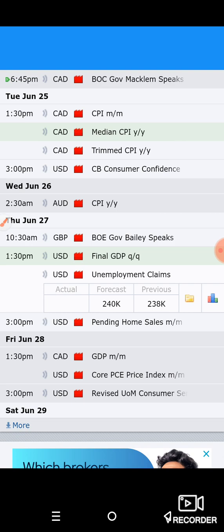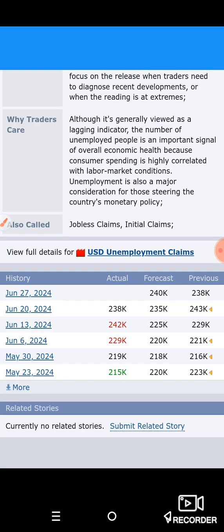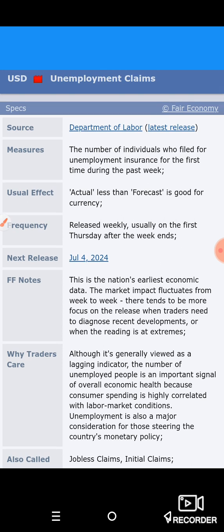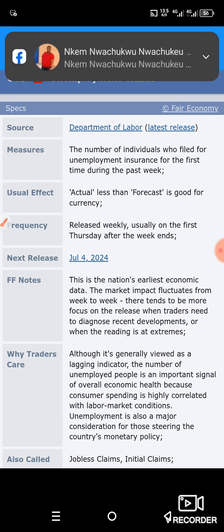What works here is if actual is lesser than forecast, is good for the currency. Yes, on jobless claims or initial jobless claims, if actual is lesser than the forecast and the previous, then is good for the currency.